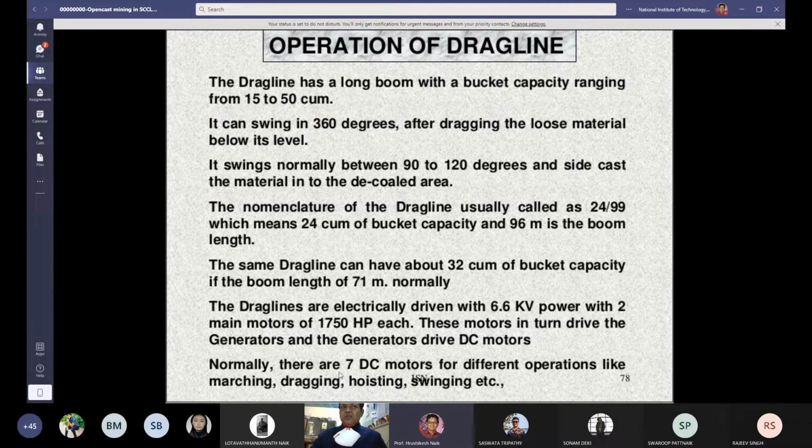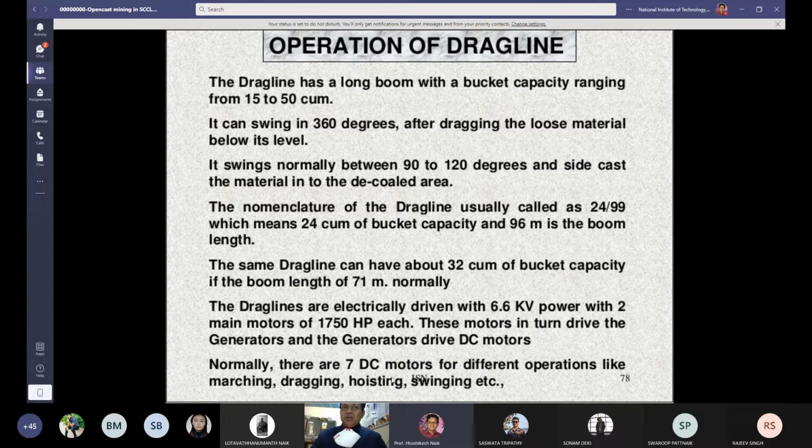Normally there are 7 DC motors for different operations like marching. Suppose you want to move the machine from one place to other place, that is called marching. Second one is called dragging, dragging the overburden material with the help of the bucket.